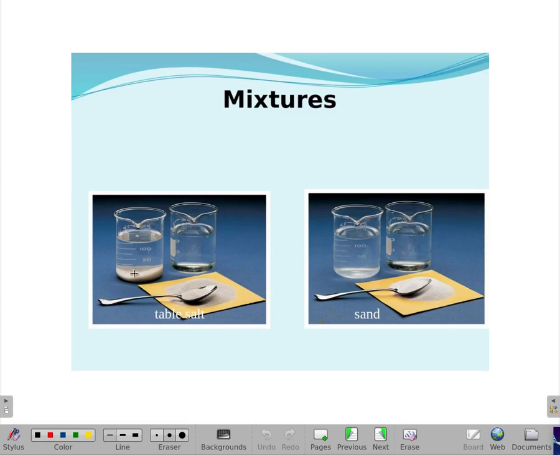So I think this is the sand picture, and this is the table salt. It would be clear that they're mixtures, at least with regard to that sand, because as soon as I stop spinning it, you're going to definitely see it separating out. You can't really see that too easily with salt water.